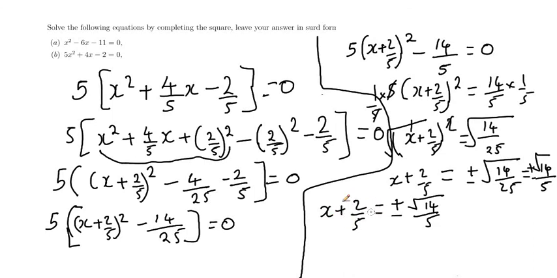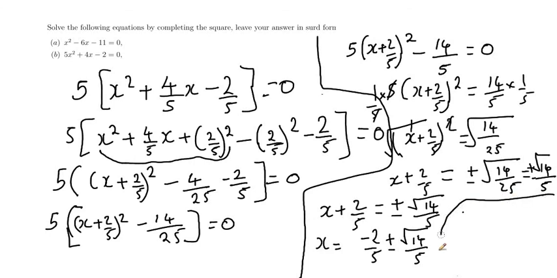Our interest is to remain with x, so we can send this number on the other side of the equation, so that we can remain with x is equal to minus 2 over 5 plus or minus the root of 14 over 5. This means therefore that x, I'm running out of space here.